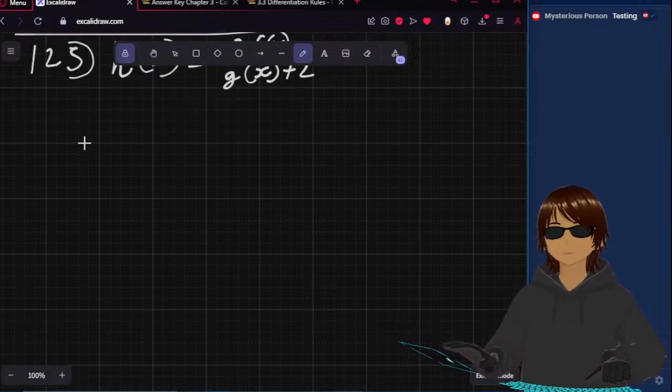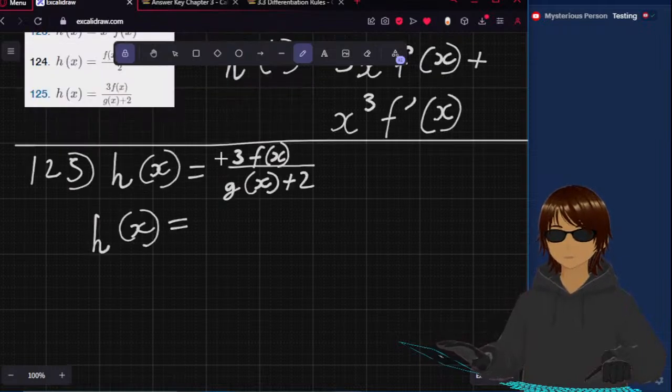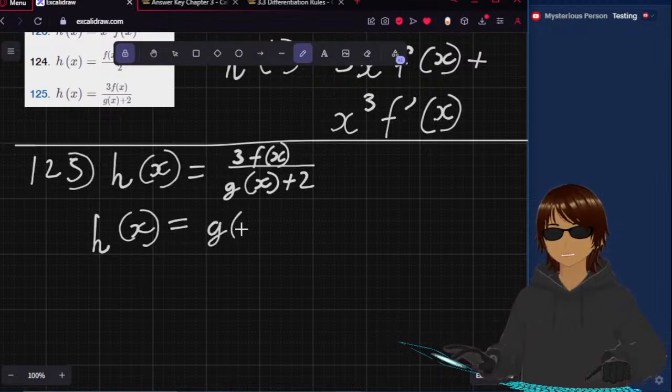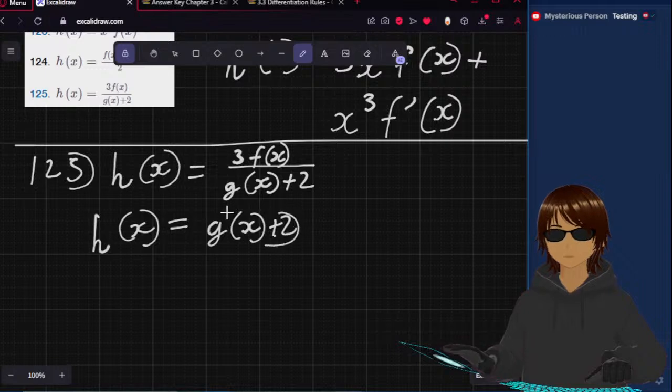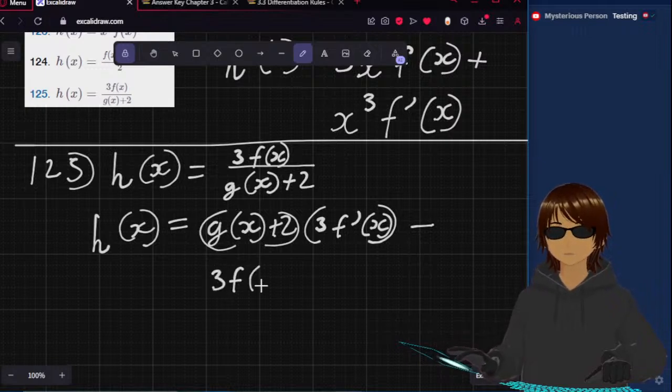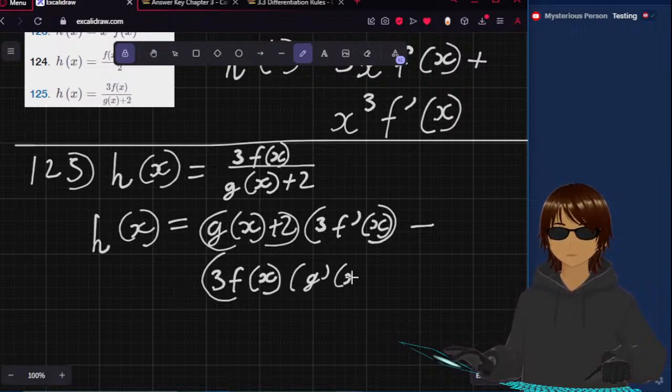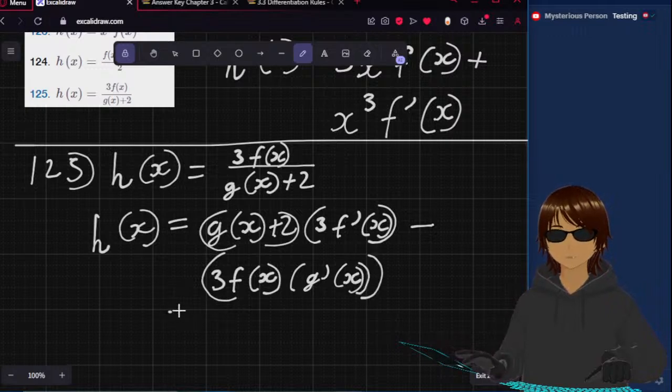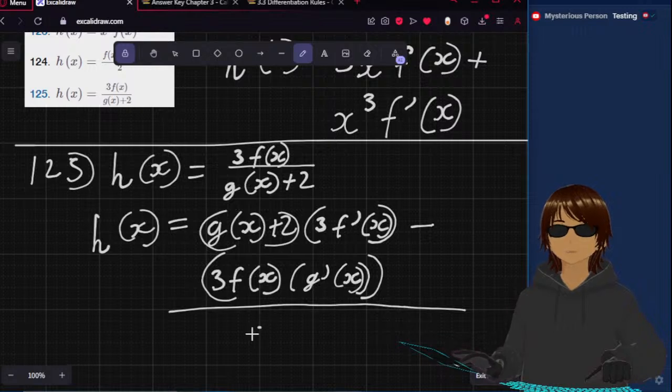So the derivative is low d high minus high d low, upon, so all this upon bottom squared.